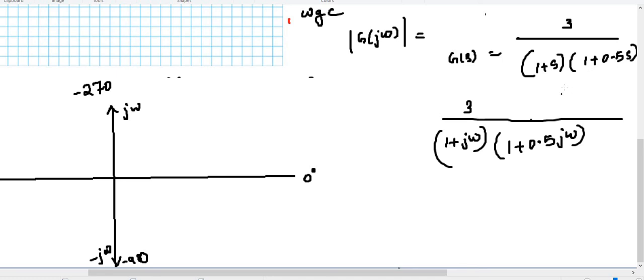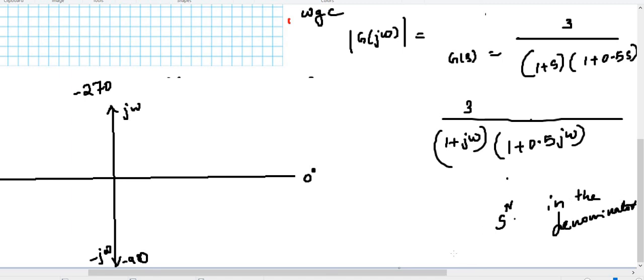So, what is the type of this system? Actually, the type of the system is the power n of the s raised to n term in the denominator, or the number of open loop poles at the origin.